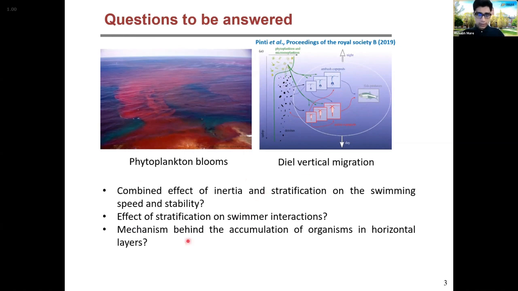So the questions that I'll try to answer are: what might be the possible mechanisms behind these blooms and horizontal accumulation of these organisms, and how will stratification affect this diel vertical migration of these organisms?